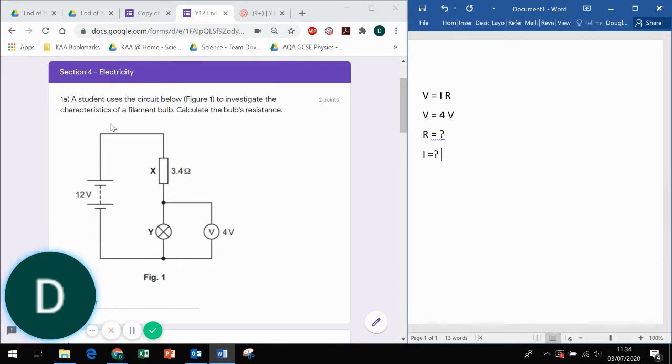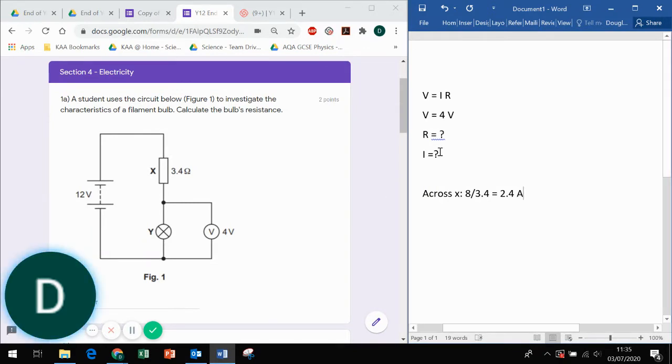Well, the current is the same everywhere, so if we know the voltage across this, we can work it out. Across X, the voltage is 8 divided by the resistance, which is 3.4, so the current is 2.4 amps.